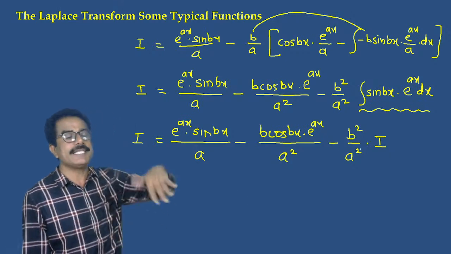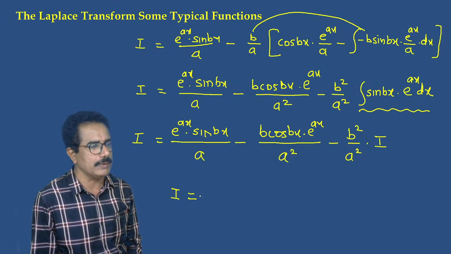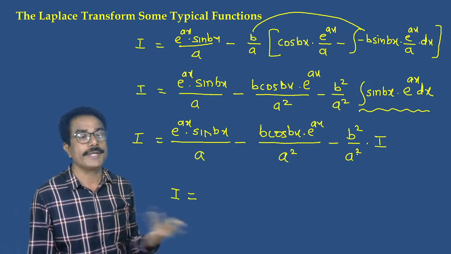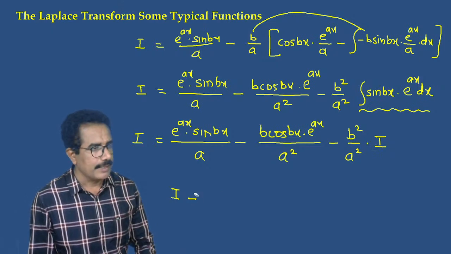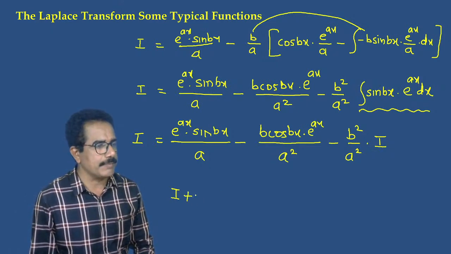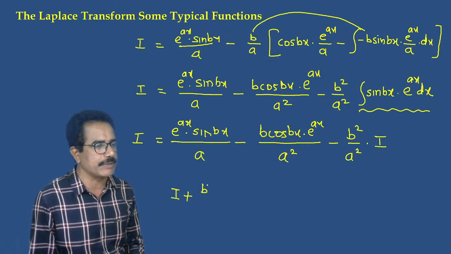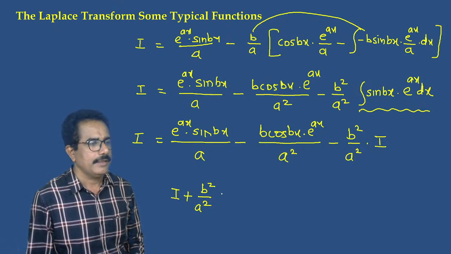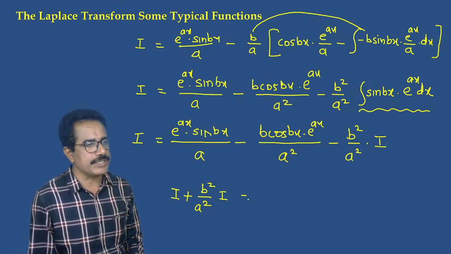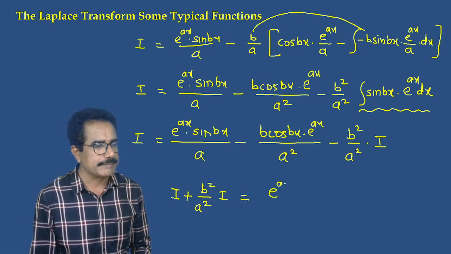Okay, now replace this I towards I, so we can write I is equals to, sorry, again the part of I we can take on left side, so b square divided by a square into I, which is equals to, we can take e raised to ax common.